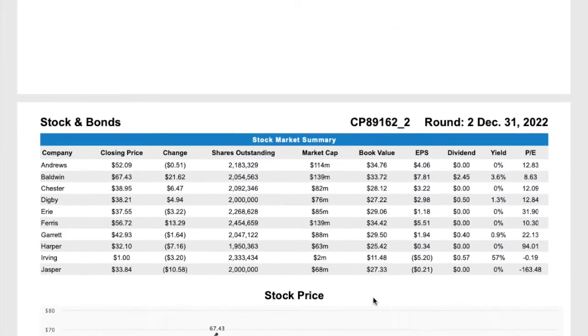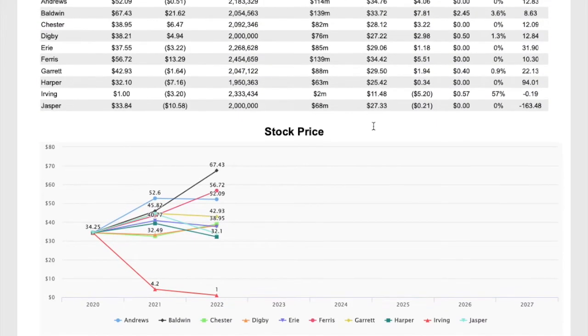Okay, so let's see. In stock and bond, as I mentioned in the previous video, book value, EPS, and dividend are all important in your stock price. We can see Team Baldwin giving dividends, and other teams start giving some. It will share some profit with your stockholders.